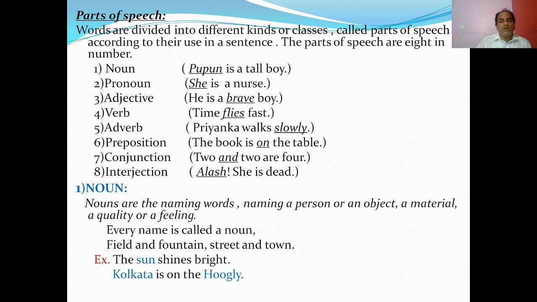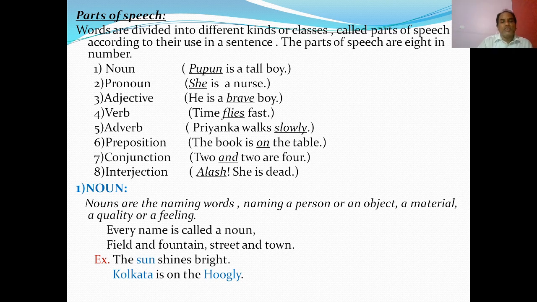Okay. So what is a noun? Every name is called a noun. Field and fountain, street and town. In this rhyme, we know the first line is the definition: every name is called a noun. And the second line contains the examples. Field, fountain, street and town are examples of nouns.